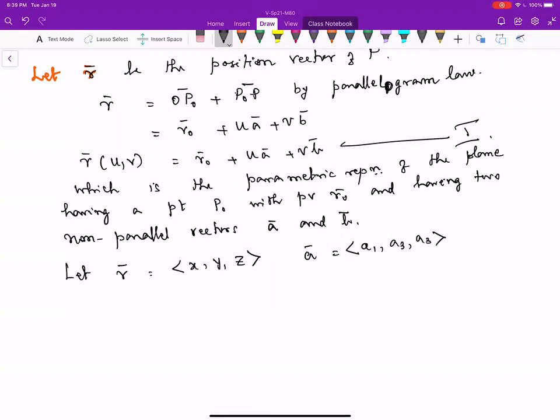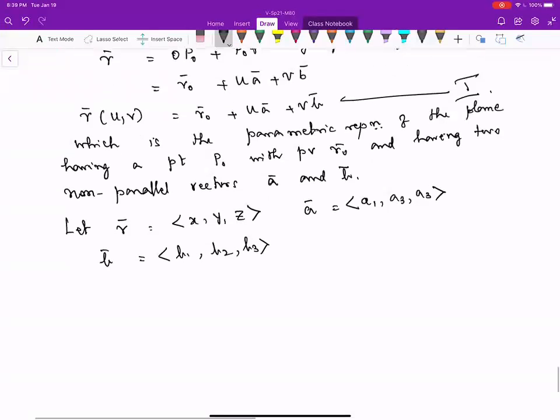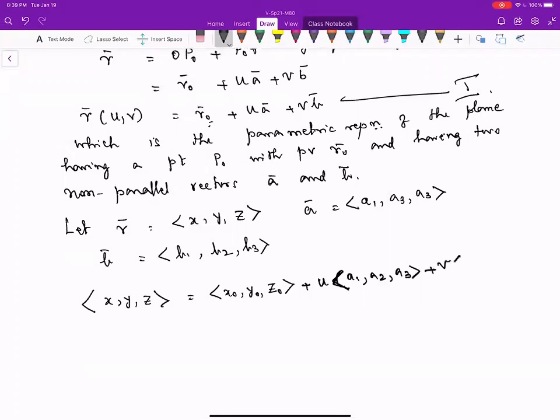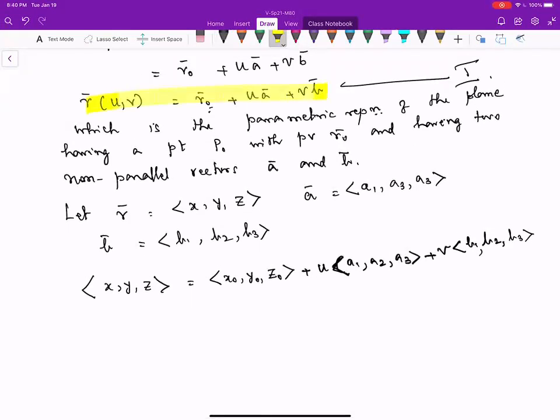If B has components B1, B2, B3, then substituting back into equation 1, we get (x, y, z) equal to (x0, y0, z0), which are the components of R0, plus u times (A1, A2, A3) plus v times (B1, B2, B3) in component form. This is the parametric equation of the plane.